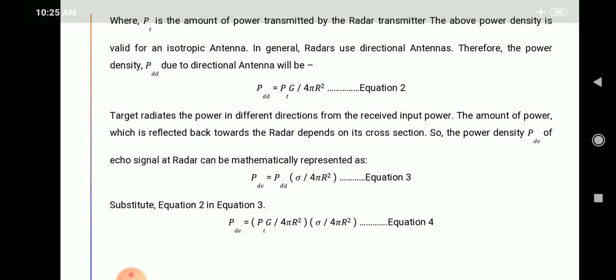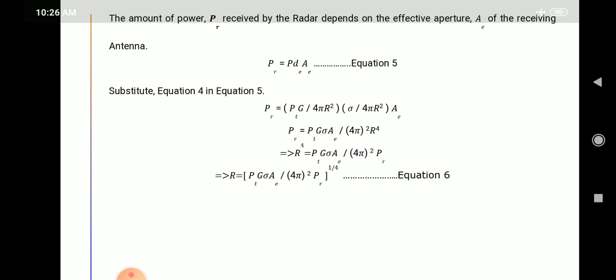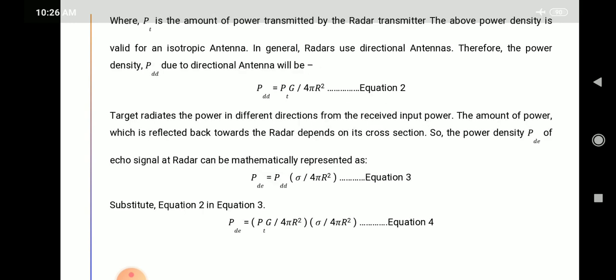The target radiates the received input power in different directions. The amount of power reflected back towards the radar depends on the projections. So the power density PDE for the echo signal at the radar can be mathematically represented as PDE is equal to PDD sigma upon 4 pi r square.